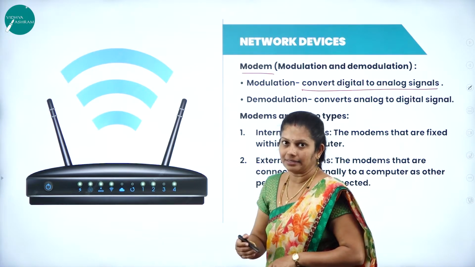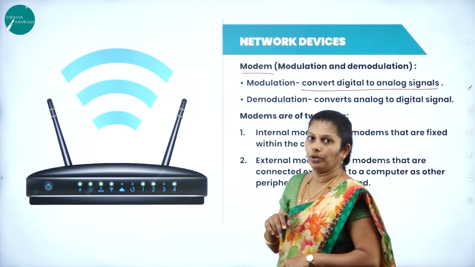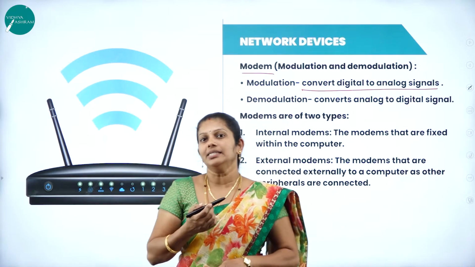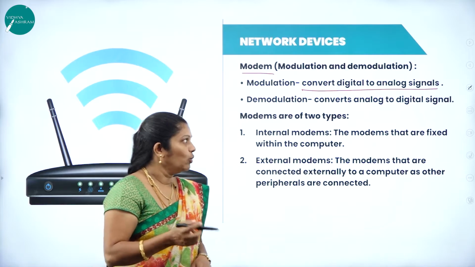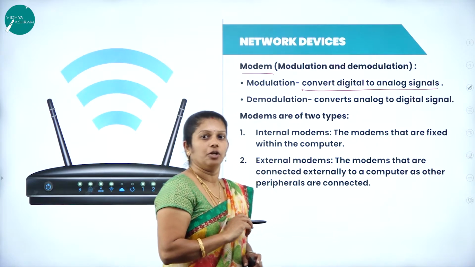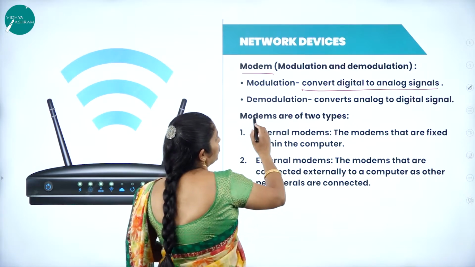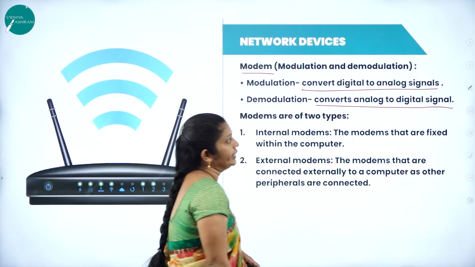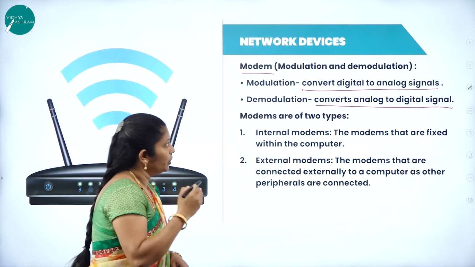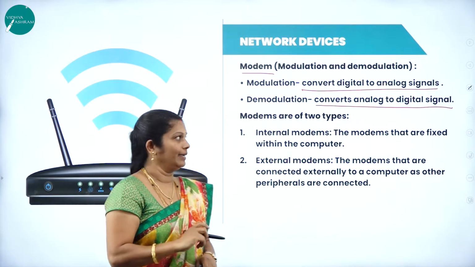When you want to get an internet connection with a landline, then we use a modem. By that, we can get the internet on your personal computer. Here, it converts the digital signal to an analog signal. Demodulation converts analog to digital signals. Modulator as well as demodulator.